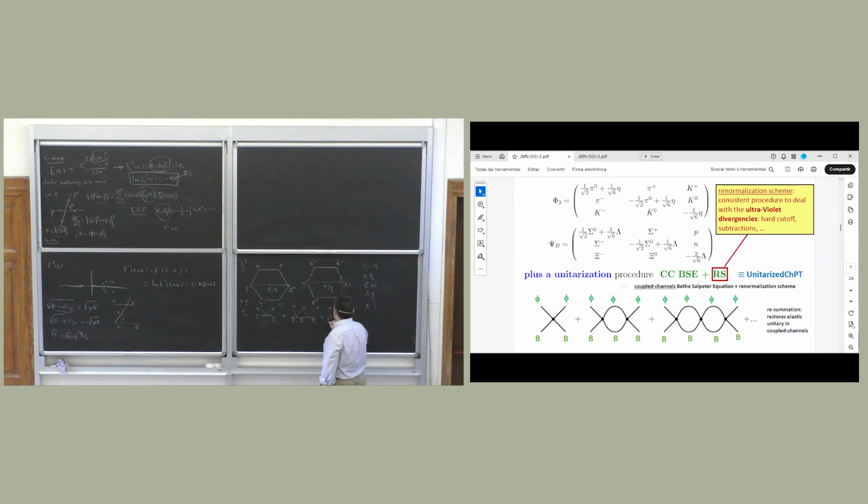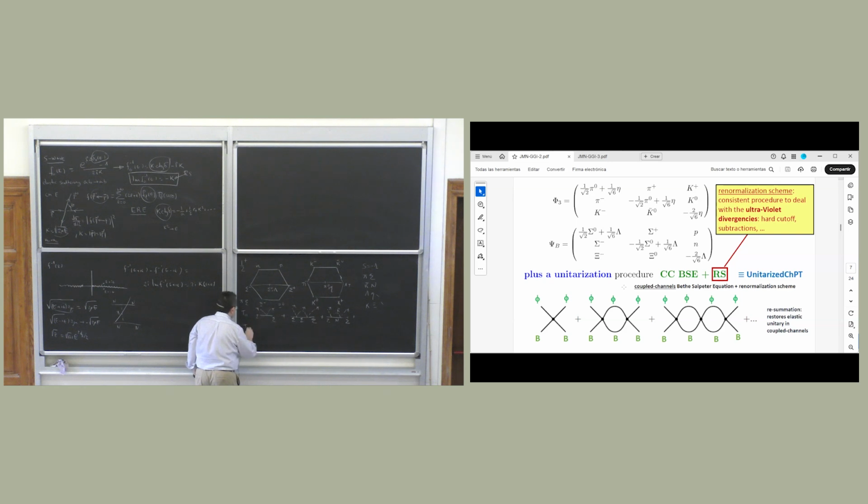I start with pi sigma, but in the intermediate state I could have K bar N, and then the K bar N decays into pi sigma. This is one loop. It is called coupled channels because I have put K bar N, but you could put any of the intermediate states. So you realize that you need to solve a matricial problem.